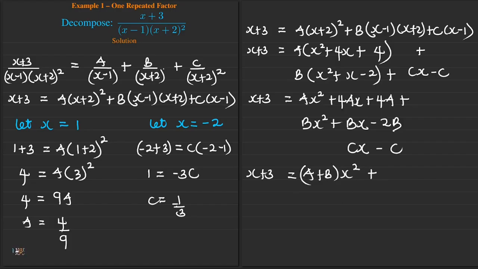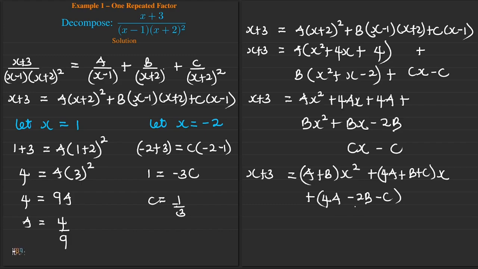Then plus 4a plus b plus c, all with a coefficient of x. And then for our constant terms, we have plus 4a minus 2b, then minus c.